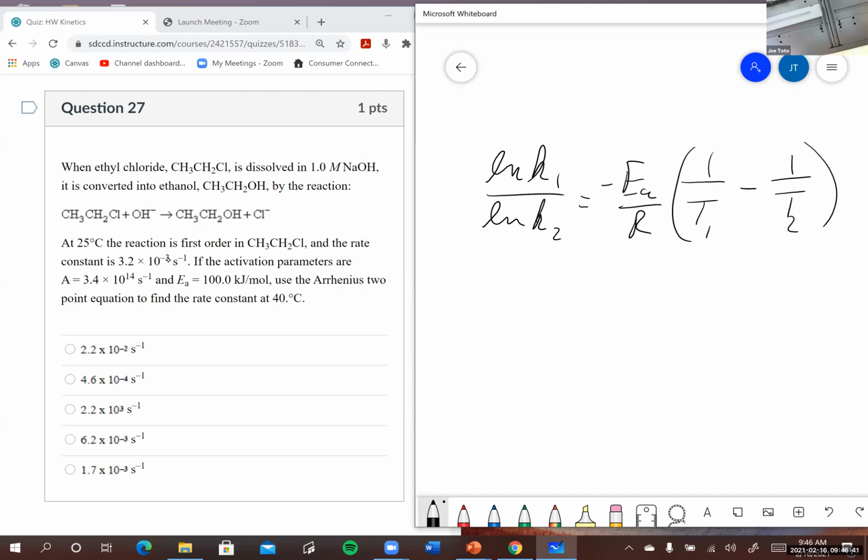And so that would make this rate constant up here 3.4 times 10 to the 14. And that would make this temperature here 25, but I have to convert to Kelvin, so that would be 298.15.